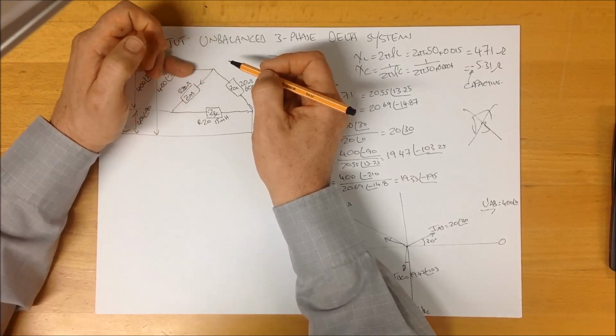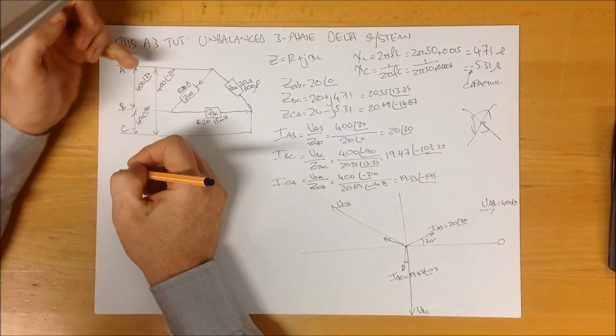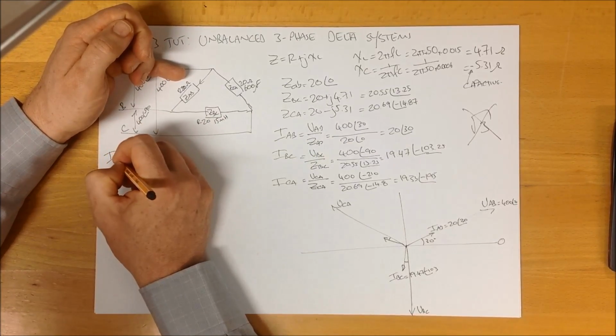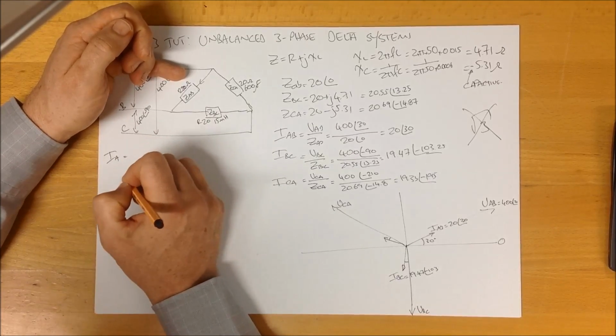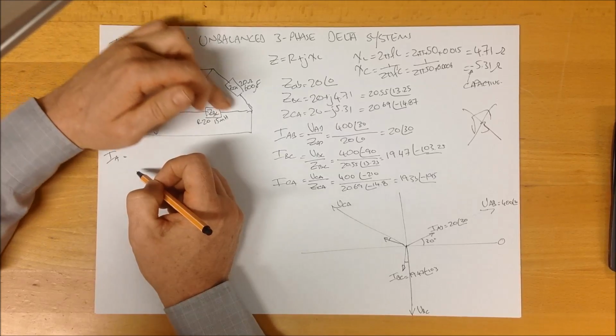If we've got a current flowing out of here and out of here, we need a current that's flowing in to provide that. So to find the current in any one of these lines, the equations are reasonably simple. IA, the current flowing here, is the difference between IAB and ICA.